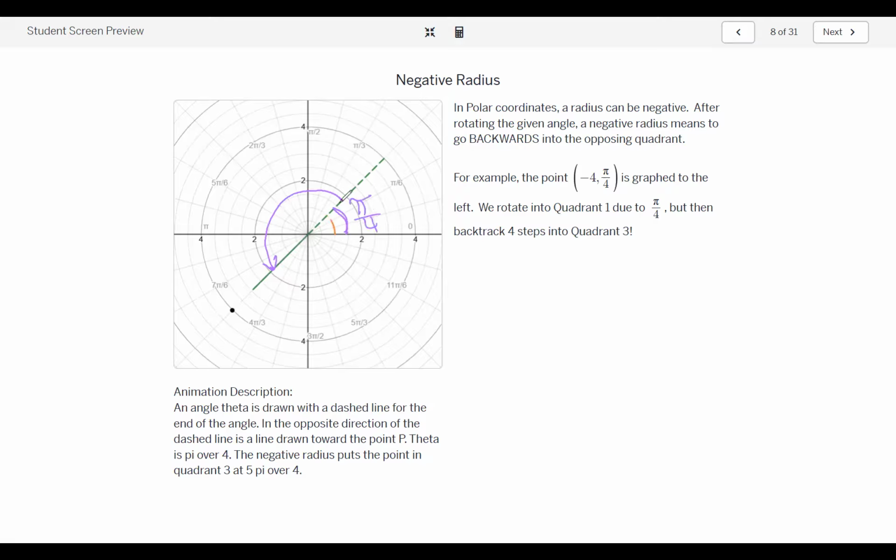So I have my pi over 4, and then I add pi, and this location down here is also at 5 pi over 4. So if I am at 5 pi over 4 for my angle, my radius at that point would then be the +4.